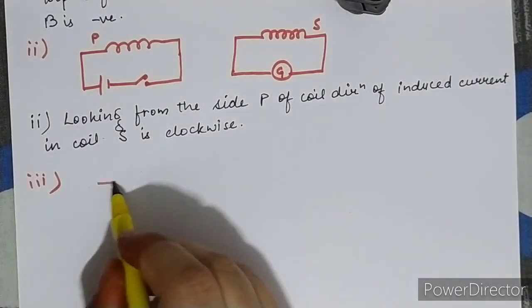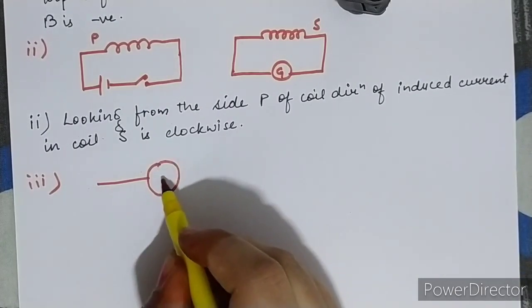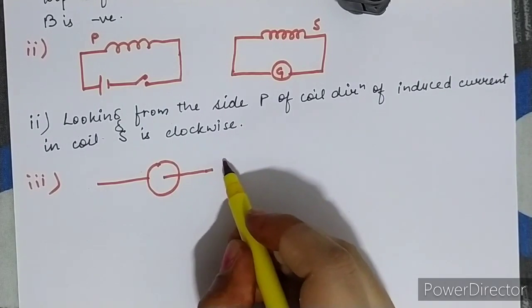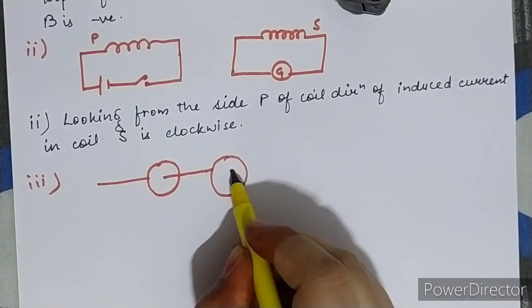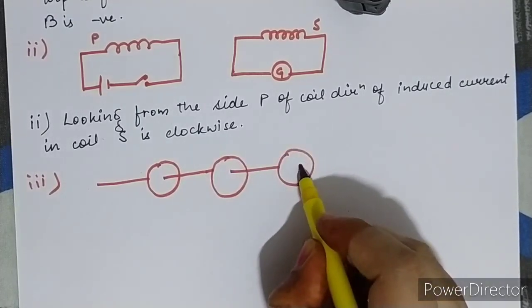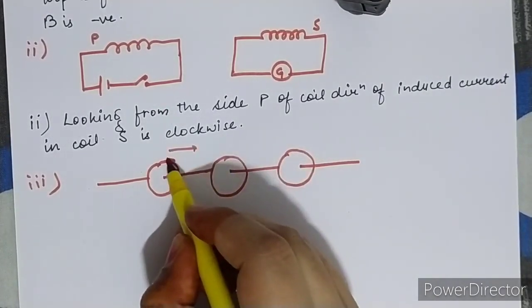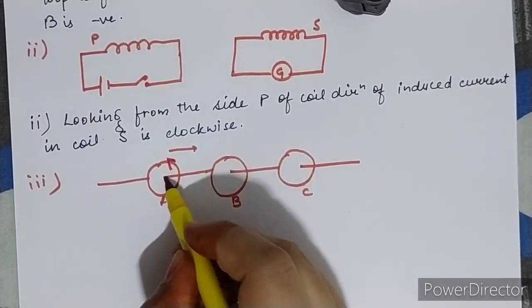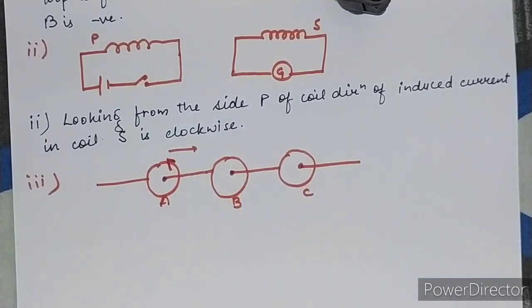The circles are there like this: A, this one is B, and C. These three are of equal size. Clear?